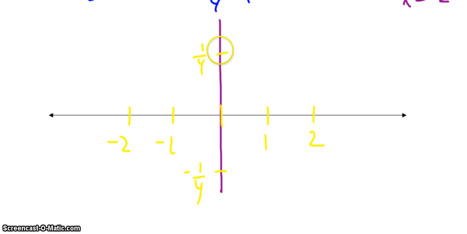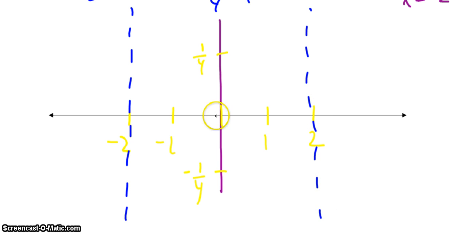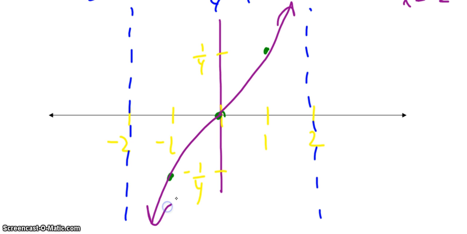So these values are how the a value is going to affect our graph. Now I just draw my picture. Asymptotes to begin and end the period. Put a point in the middle. A was positive, so I go up to the right, down to the left. And draw my curve. Bam. One period of the tangent function.